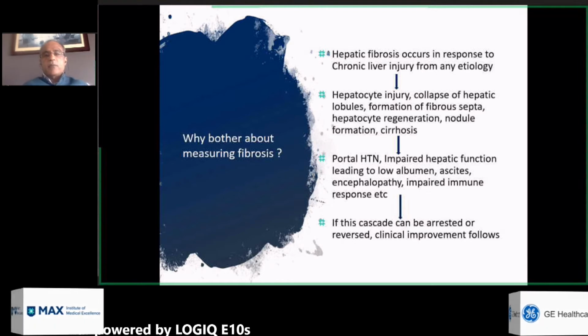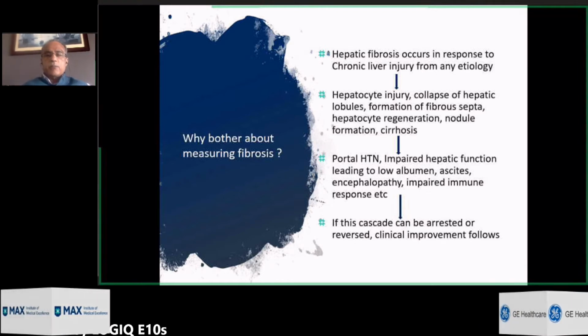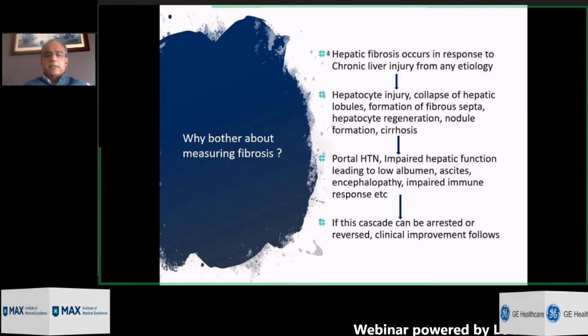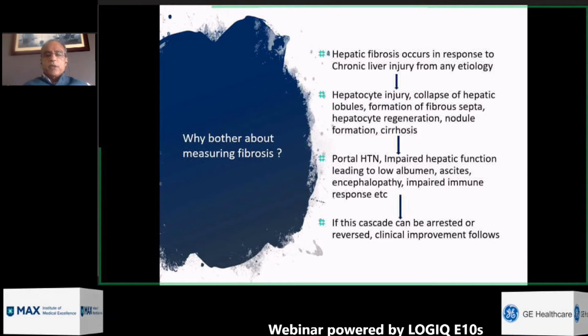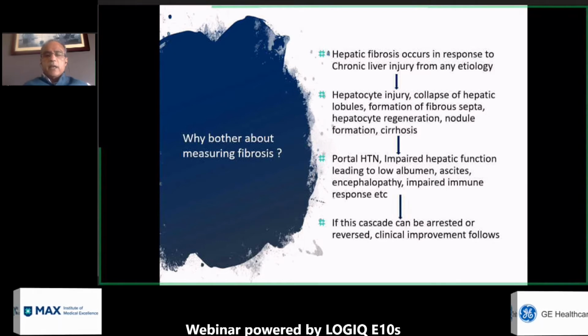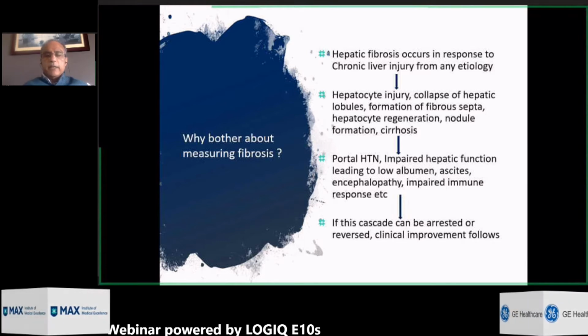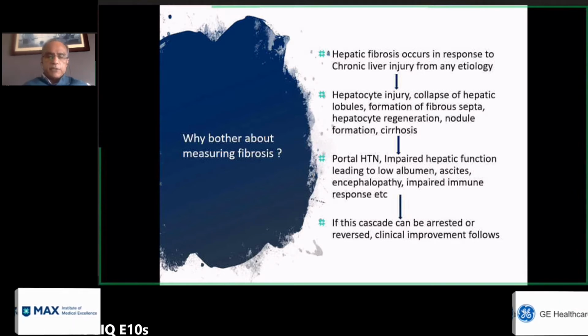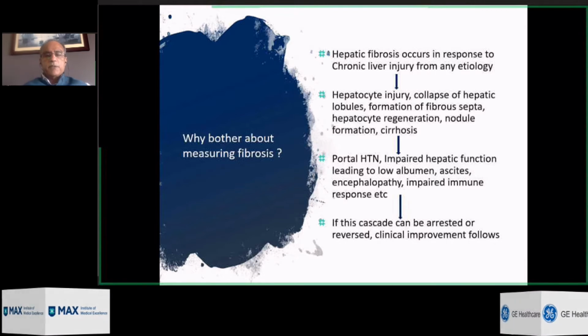And it then finally results in all the complications that we see with cirrhosis: portal hypertension, impaired hepatic function, low albumin, ascites, encephalopathy, immune response. So if we can arrest this cascade, then we can probably at least prevent further progression or maybe even reverse the fibrosis. Next slide, please.